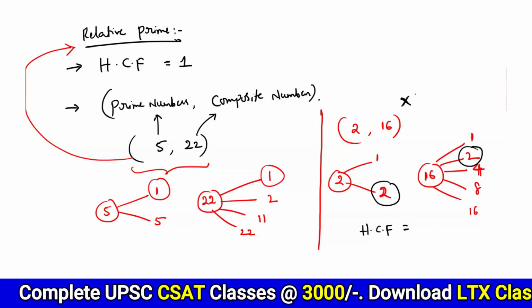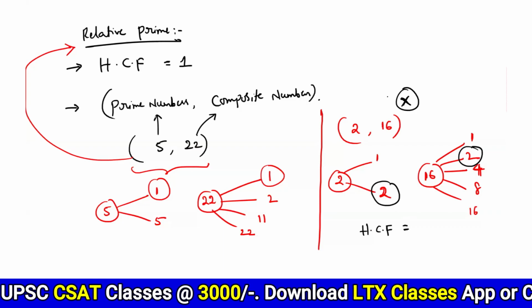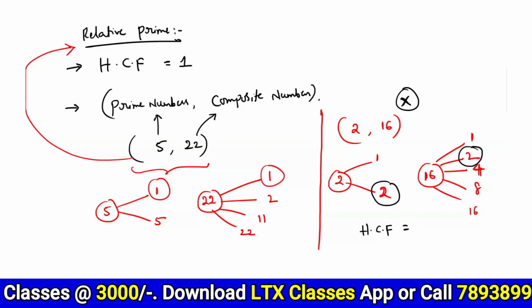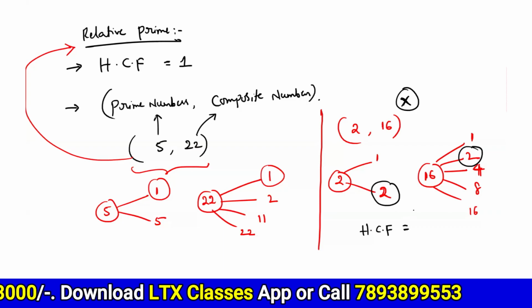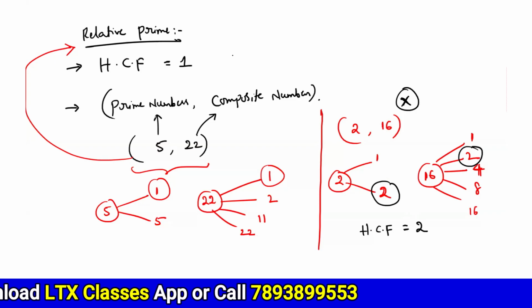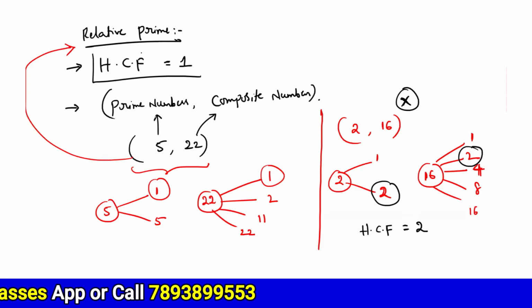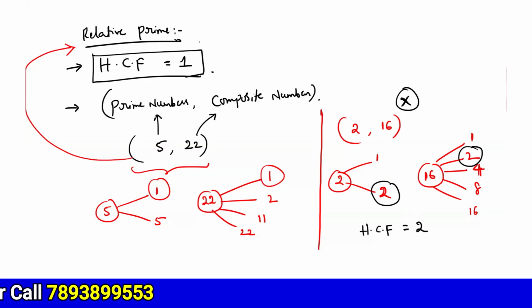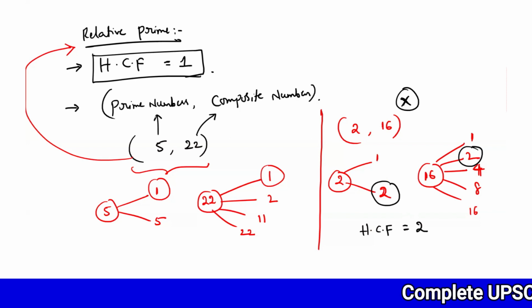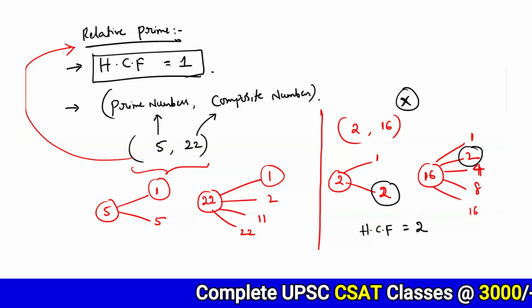Obviously this will not be a relative prime, because the highest common factor is 2. To get a relative prime, the highest common factor must be 1. Okay sir, clear. Don't worry, they will not ask these types of questions for sure. Just to know the definitions regarding twin primes, co-primes and relative primes.